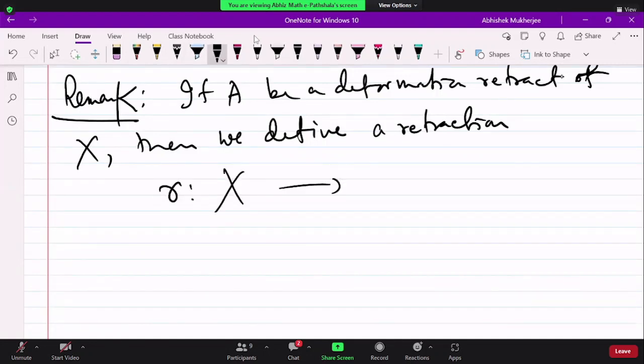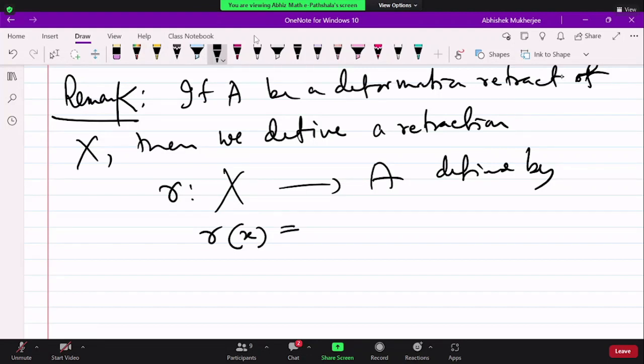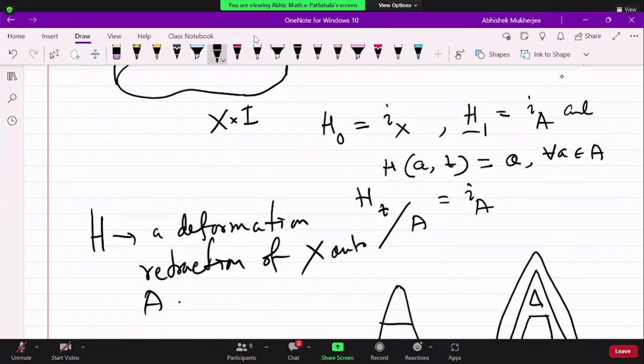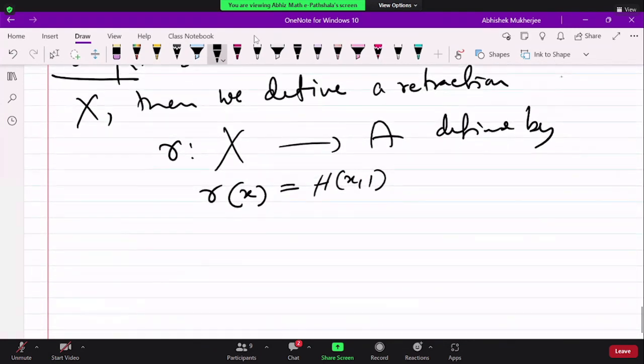Defined by R, which is defined by this rule, that is each X will be mapped to where? H X 1. That means that H1 will give you the retraction, right? So every X will be that one.